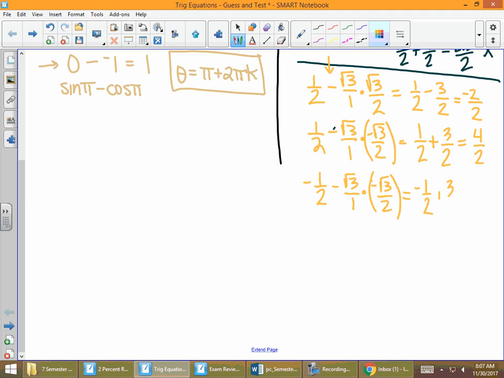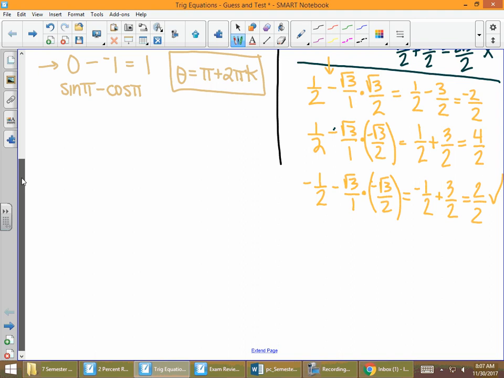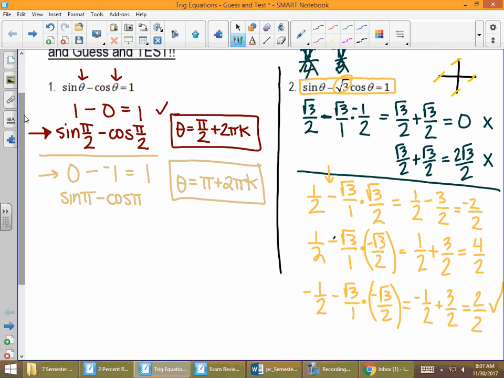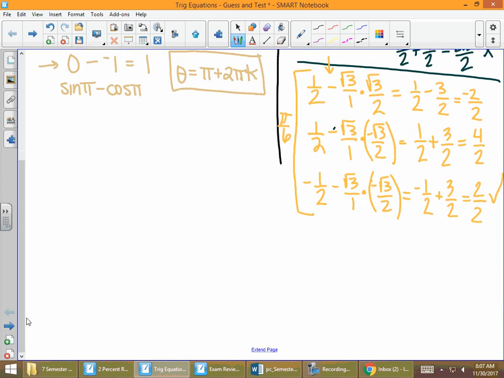Negative times negative is positive. We've got it. So we were super close when we honed in, and we did it pretty quickly. Pretty quickly we got to pi over 6 as our option for the combination that would work. It just took us another minute to figure out which sign combination.